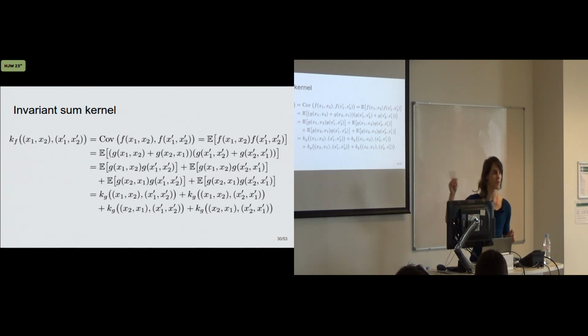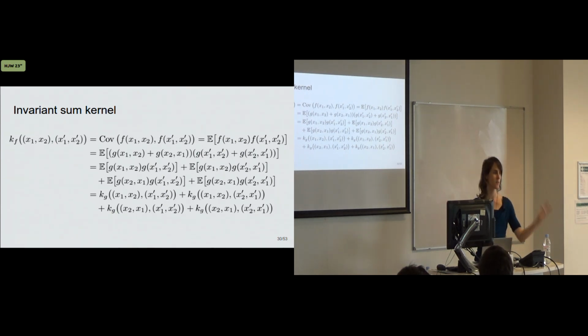So the kernel on f is basically the covariance of f at the point x with f at the point x prime. And assuming a 0 mean, just to make the derivation simpler, that's the same as the expectation of f of x times f of x prime. And then we can just put in our definition of f as a sum of 2 evaluations of g.